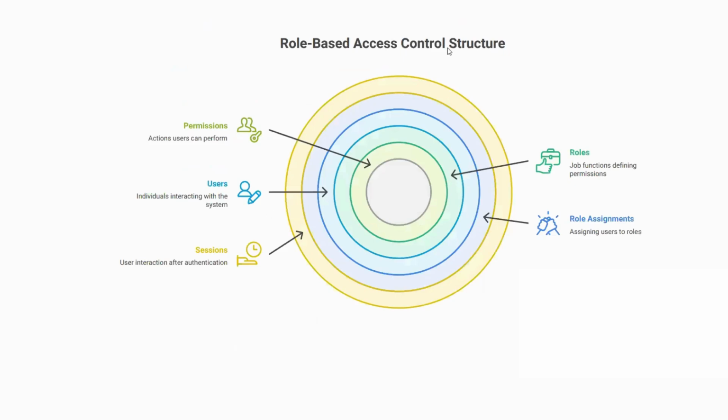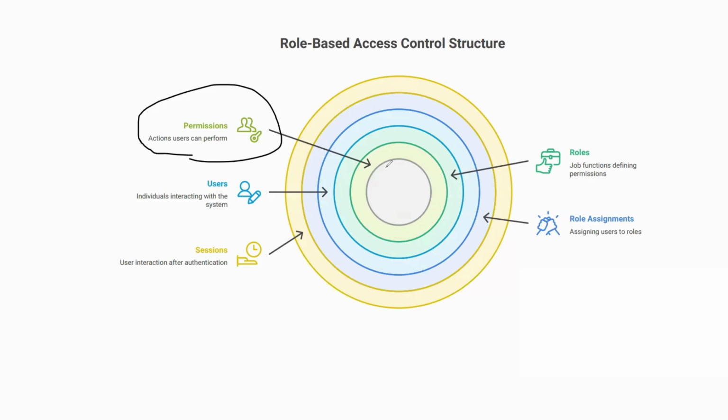So the role-based access control structure has permissions, right? Actions users can perform; users who are interacting with the system; sessions, through which user interaction is happening post authentication; the roles, job functions defining these permissions; and assignment.